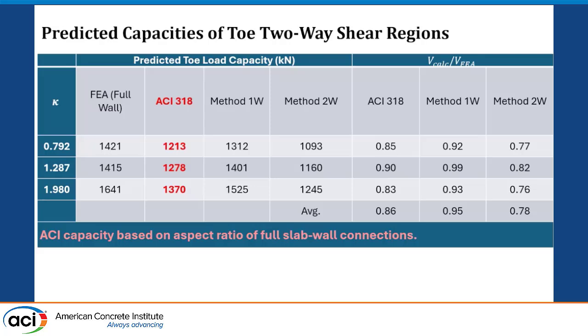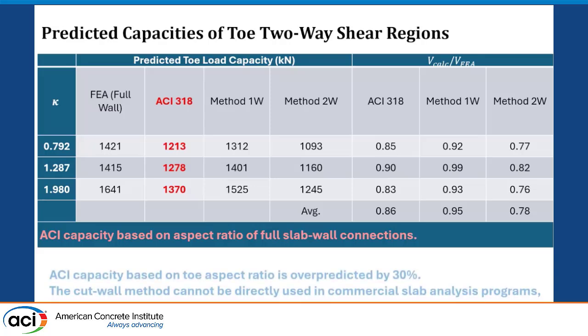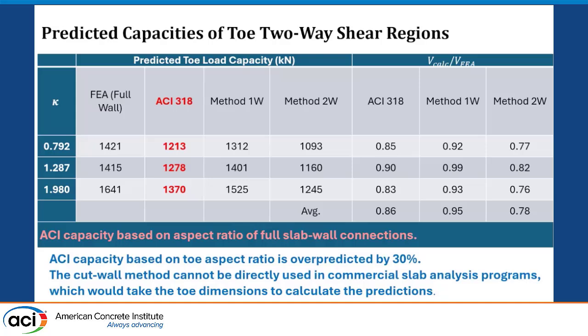ACI works fine, but there is a problem: this was done based on the aspect ratio of the full wall, according to the ACI formulas. Any commercially available program, if you put in a toe, will take the toe dimensions to predict the capacity, and then ACI overpredicts everything by 30%. So it's not very accurate.